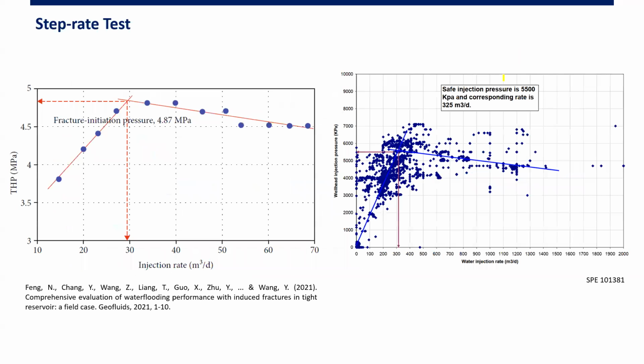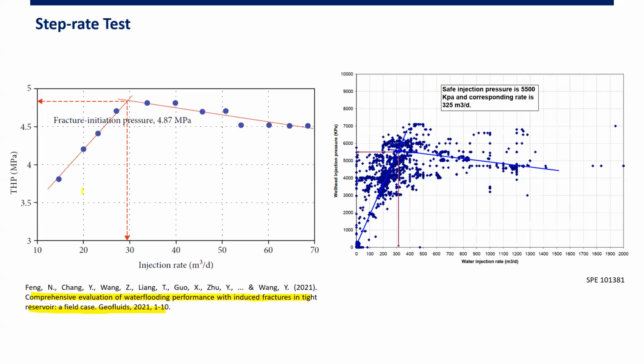And in my previous video, the picture that I used to describe the step rate test is the left figure here. So you can see I take this picture from this, I think, very useful and quite simple paper, Comprehensive Evaluation of Water Flooding Performance with Induced Fractures in Tight Reservoir, a field case.